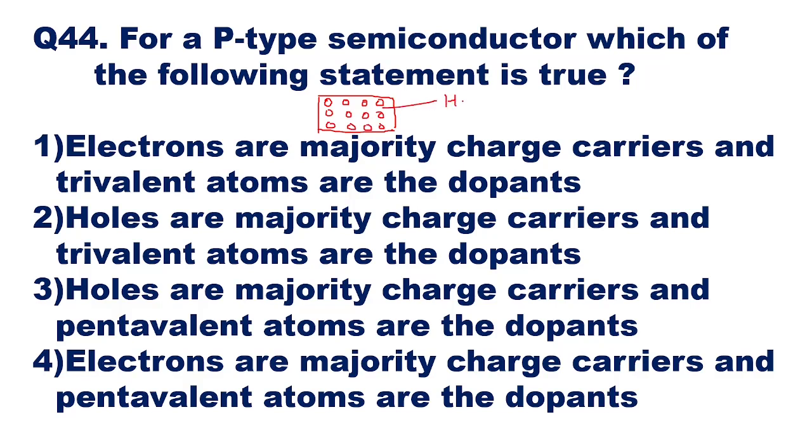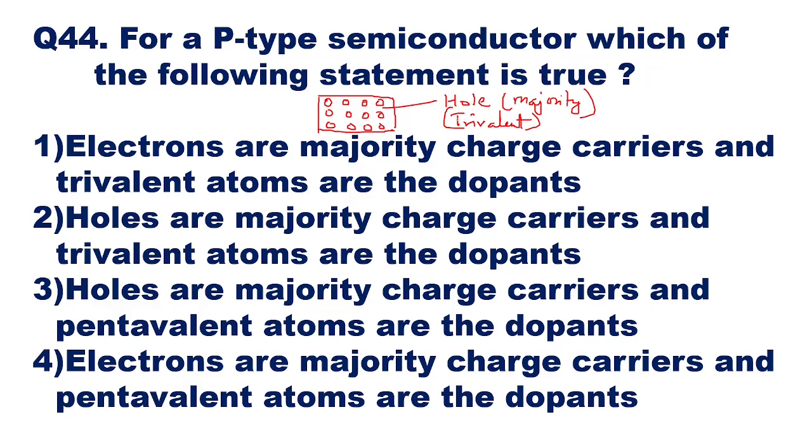So holes are majority charge carriers, which are formed because of doping. Doping is nothing but adding of impurity to the pure semiconductor. And which impurity are you going to add? To make formation of holes, we add impurity which is called trivalent, which has 3 valence electrons. So with this concept, we can answer this question.